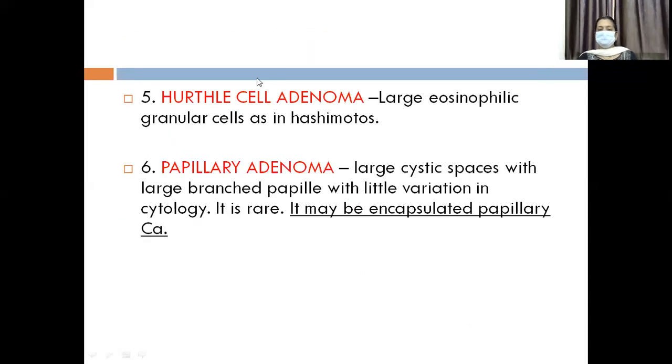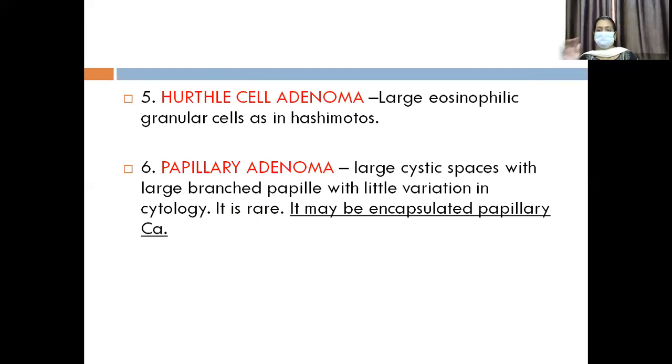Okay, then Hürthle cell adenoma, I told you Hürthle cells are the cells with abundant eosinophilic granular cytoplasm with vesicular nucleus, right? So this you see in Hashimoto's. Again, these type of cells, if those cells proliferate to form an adenoma, then that is a single nodule, then it is called as Hürthle cell adenoma.